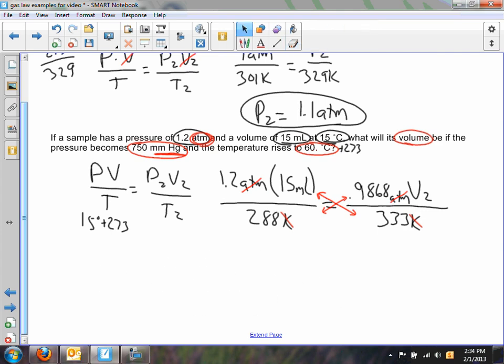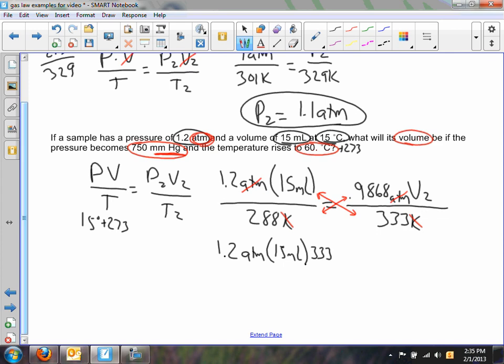Or if you write it out, it kind of looks like this. 1.2 ATM times 15 milliliters times 333 Kelvin should equal 288 Kelvin times 0.9868 atmospheres times V2.